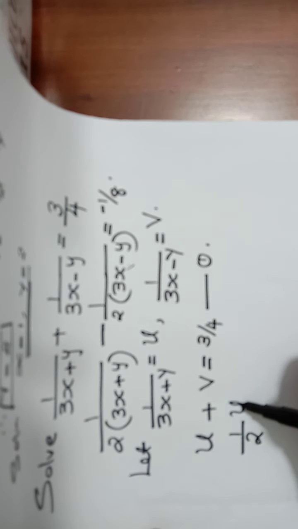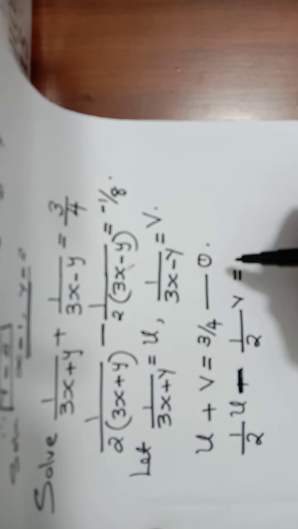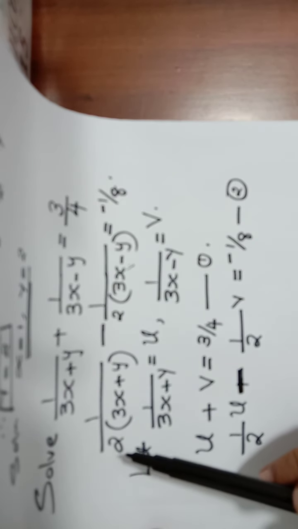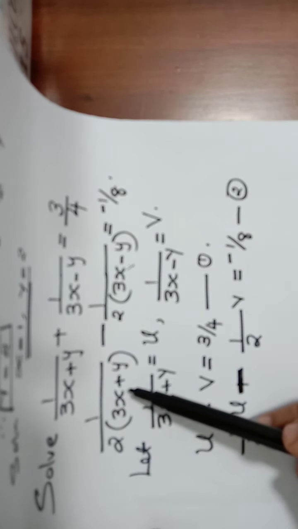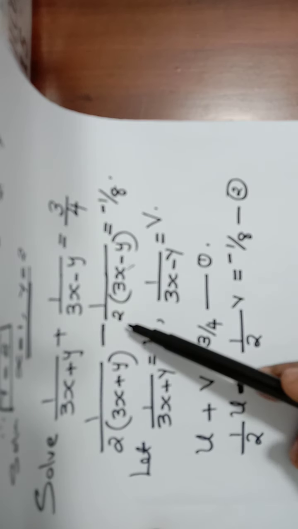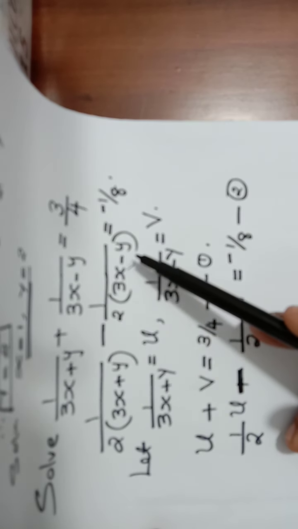Half into u minus half into v is equal to negative 1 by 8. Be careful: it is half into 1 by 3x plus y minus half into 1 by 3x minus y.